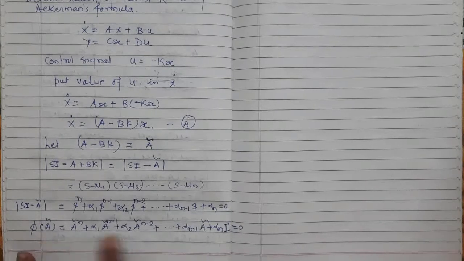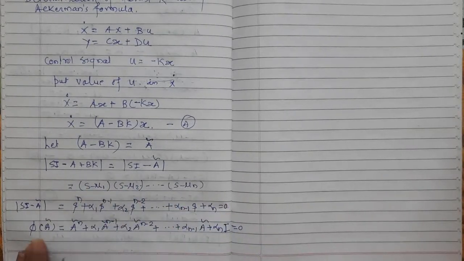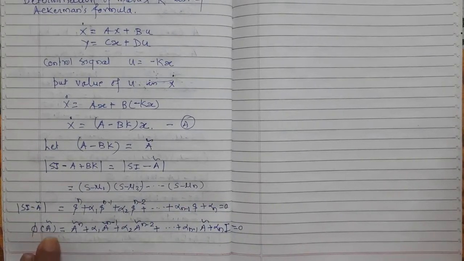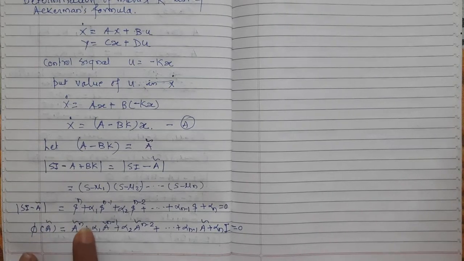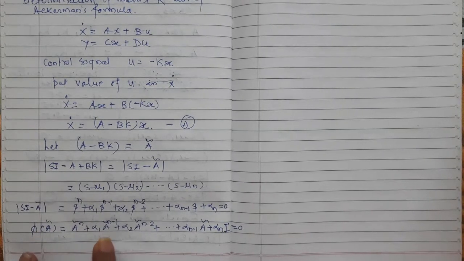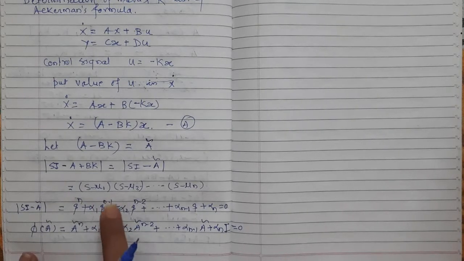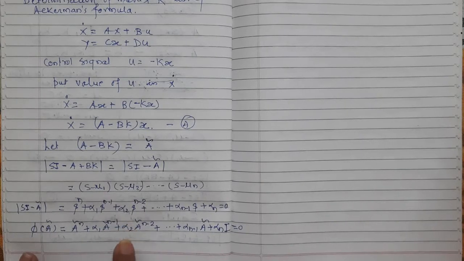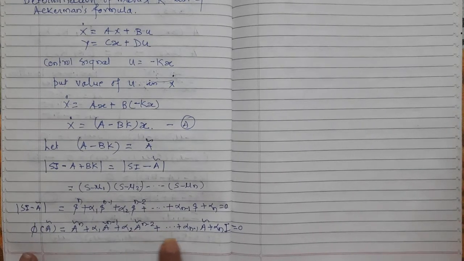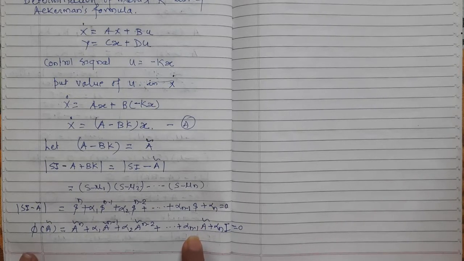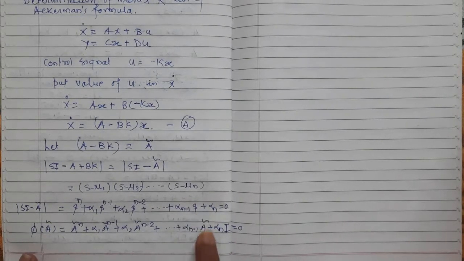If we apply the Cayley-Hamilton theorem, then we have phi of A bar equal to A bar raised to power n plus alpha 1 A bar raised to n minus 1 plus alpha 2 A bar raised to n minus 2 and so on, plus alpha n minus 1 A bar plus alpha n.